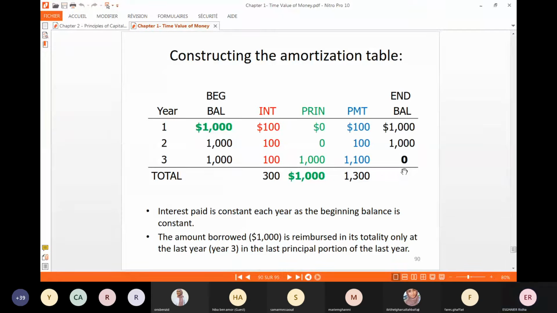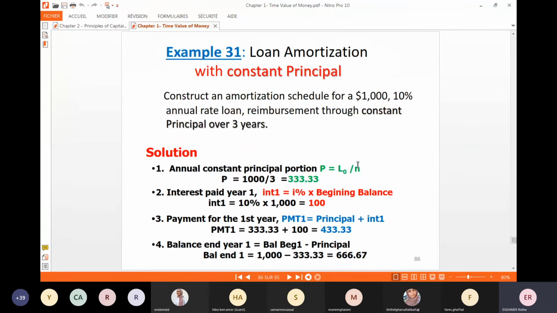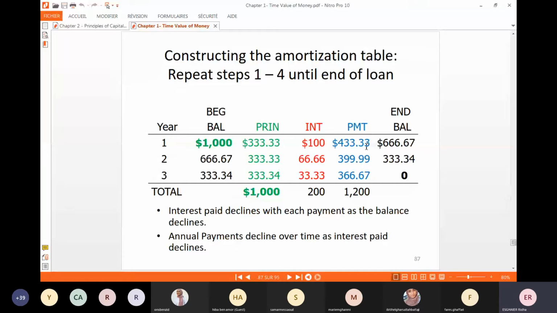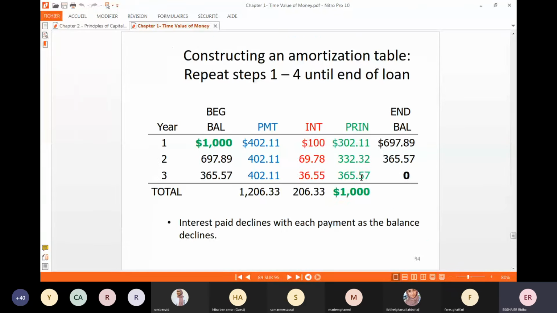For us, borrowing $1,000 at 10% cost interest rate and reimbursing 100, 100, 1,100, or reimbursing in the case of constant principal 433.33, 399.99, 366.67, or reimbursing 402.11, 402.11, 402.11 is the same thing.